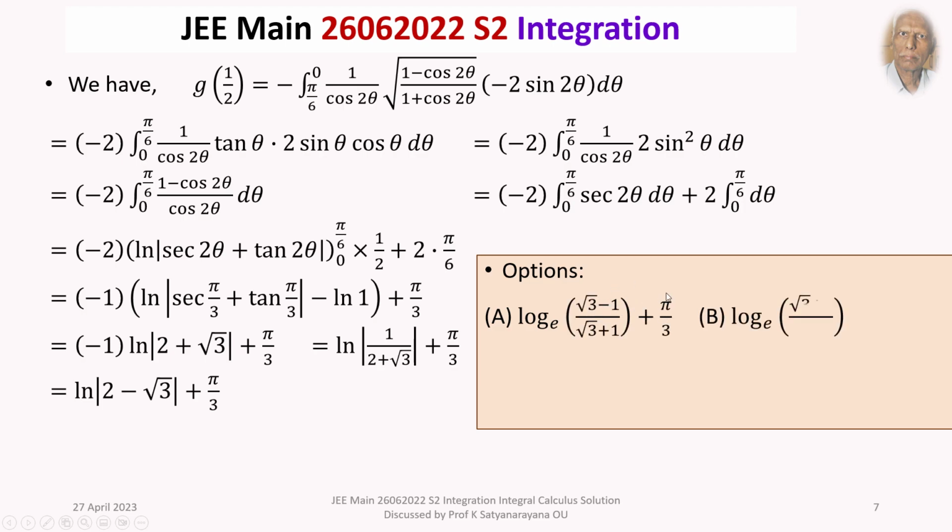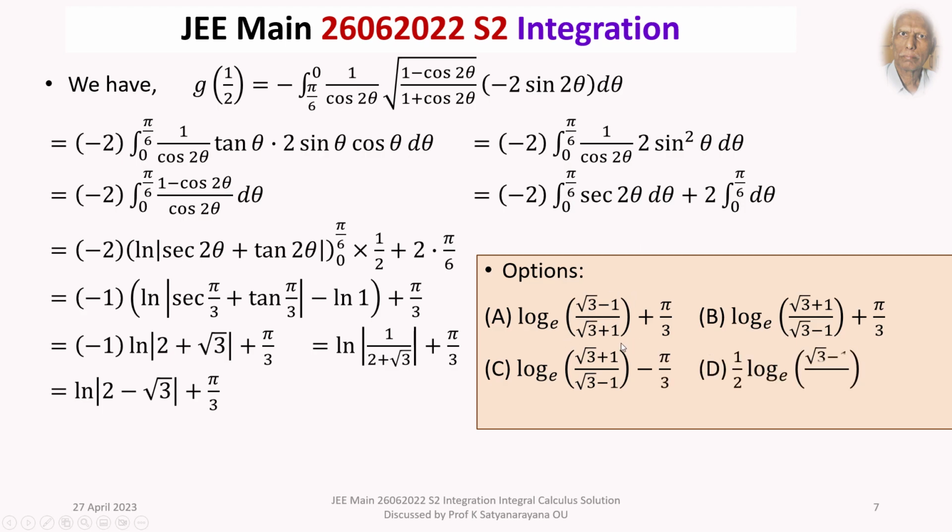In all our options, we have root 3 minus 1 by root 3 plus 1 or root 3 plus 1 by root 3 minus 1. And of course, we got the pi by 3. So plus pi by 3, therefore the answer is there in A or B. But you look at A, root 3 minus 1 by root 3 plus 1, rationalize the denominator, then you will multiply and divide by root 3 minus 1.